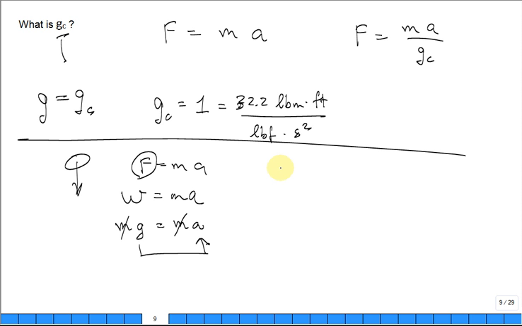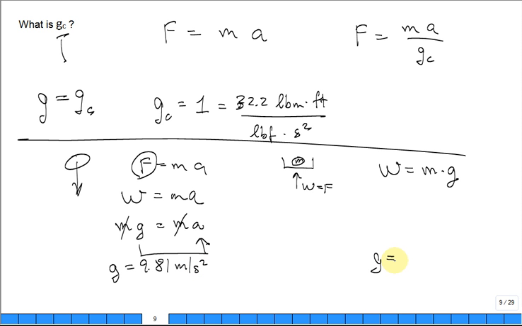Let me ask you this. I come back over here. I have a little scale. And the weight is the force needed when I put the chunk of mass on there to not let it fall. And so now weight is equal to M times G. I remember in SI, G is equal to 9.81 meters per second squared. Can I write that G is equal to the weight divided by M? And we just said 9.81 newtons is precisely the weight of 1 kilogram.